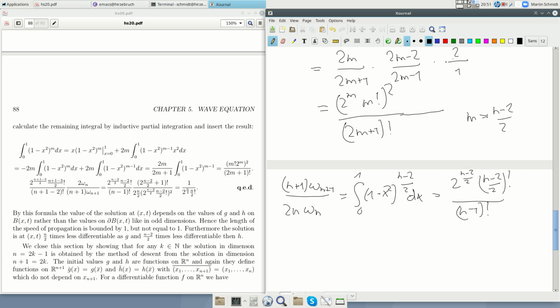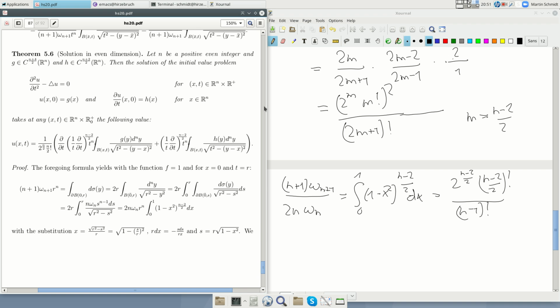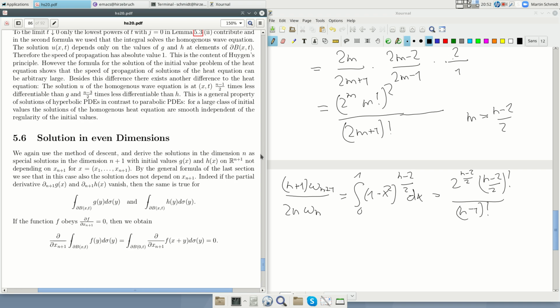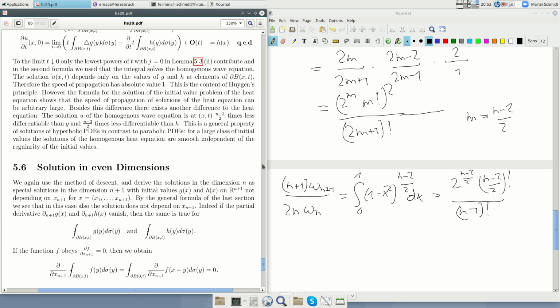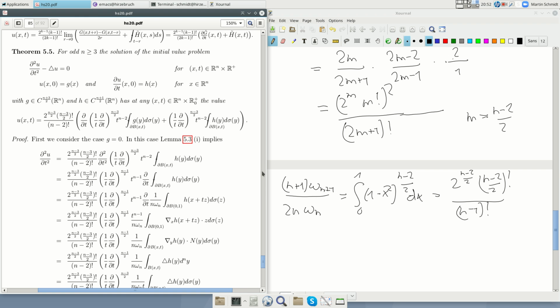If we now insert the formula for the n plus 1 dimensional wave equation, then we should use these factors.